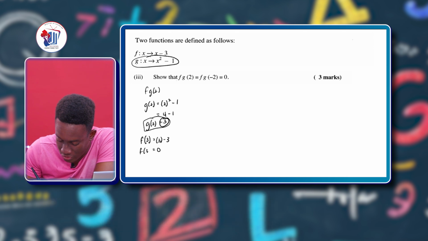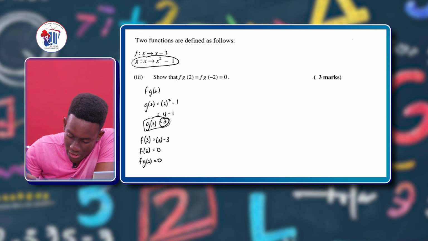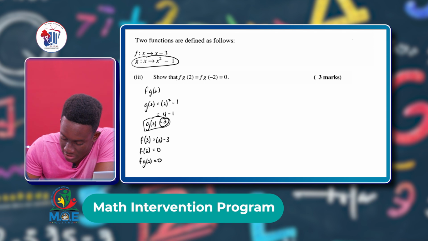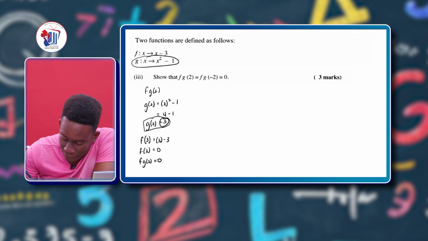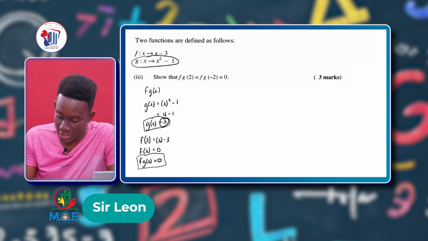So f of 3 is equal to 0. So that means fg of 2 is equal to 0. We basically found g of 2, and we found that to be 3. And we take that answer and we put it inside the function f. So this is equal to 0, so that is one part proven already.